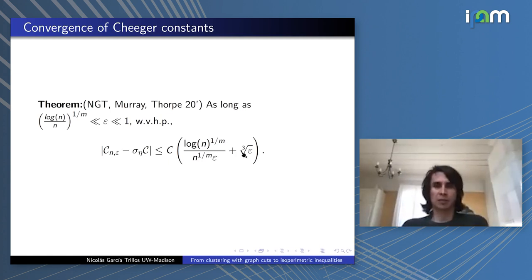And it gives explicit dependence on the connectivity of the graph and the number of data points that you have. One quick observation: do not expect this to be optimal. It is not optimal, but these are the first type of estimates that are out there. So this is not optimal, but it is concrete, high probability convergence rates of the Cheeger constants from the graph to the continuum.